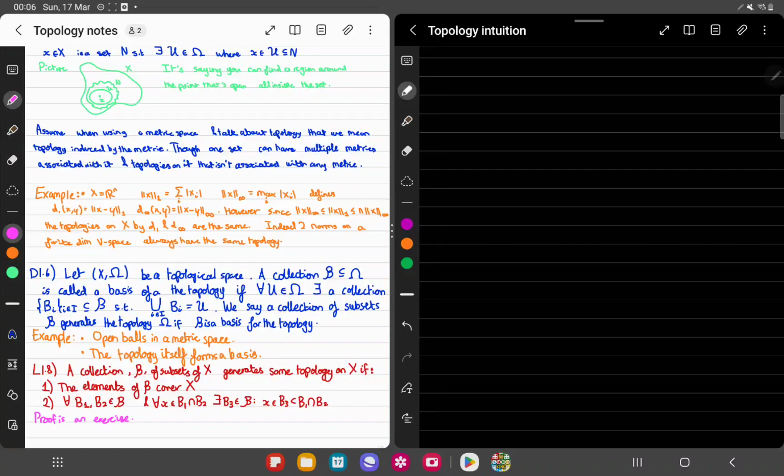You can use them to define distance functions in the manner that I mentioned earlier. And due to this theorem here, is this obvious to prove? I can give it a shot.